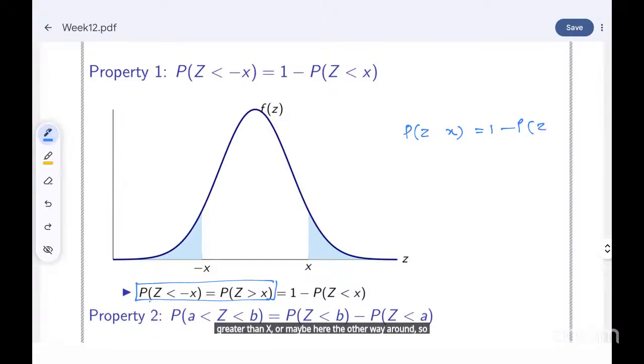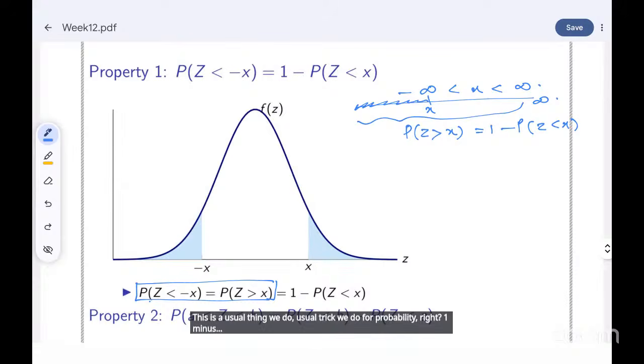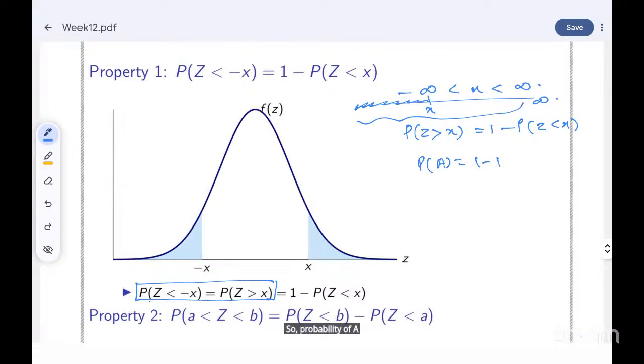Now you want to look at everything greater than x, so I am splitting this as the entire thing minus this part. This is the usual trick we do for probability: probability of A is 1 minus probability of A complement. Yes, ma'am, this is clear.